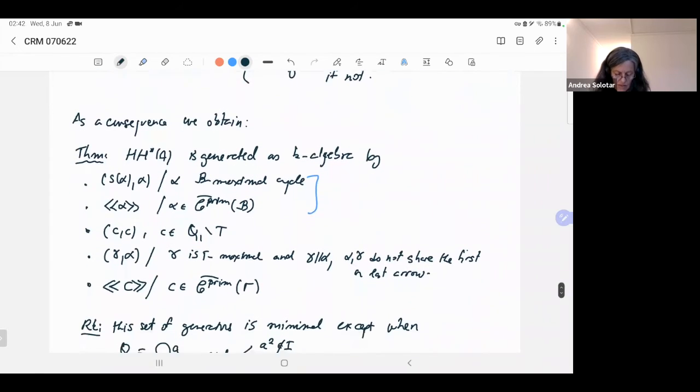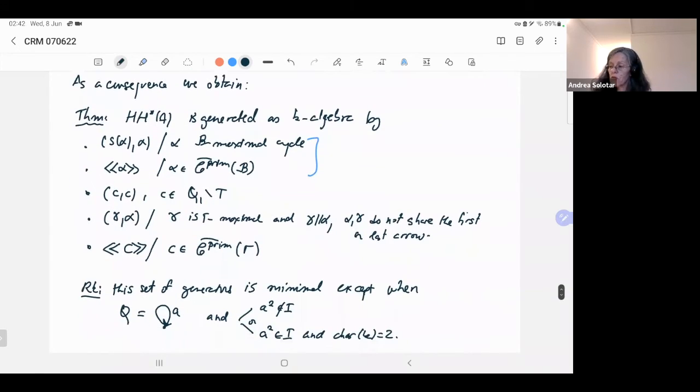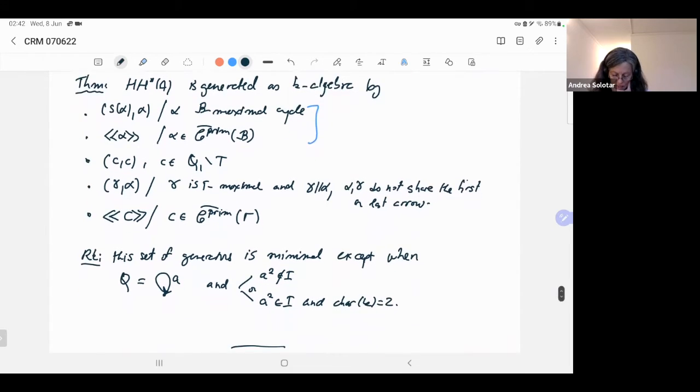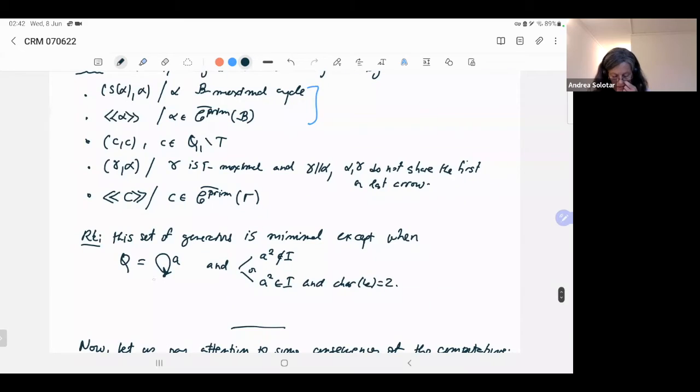And then, as a consequence, we obtain the generators of the Hochschild cohomology as an algebra. We can describe them. Considering the generators that we have shown, well, this set that is listed here is minimal, except in one case, that is when the quiver has just one vertex and one arrow, one loop, okay?